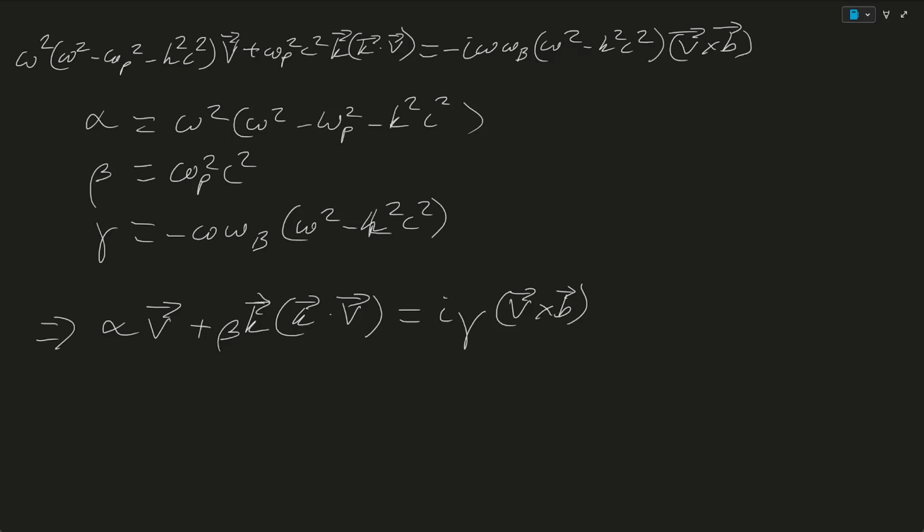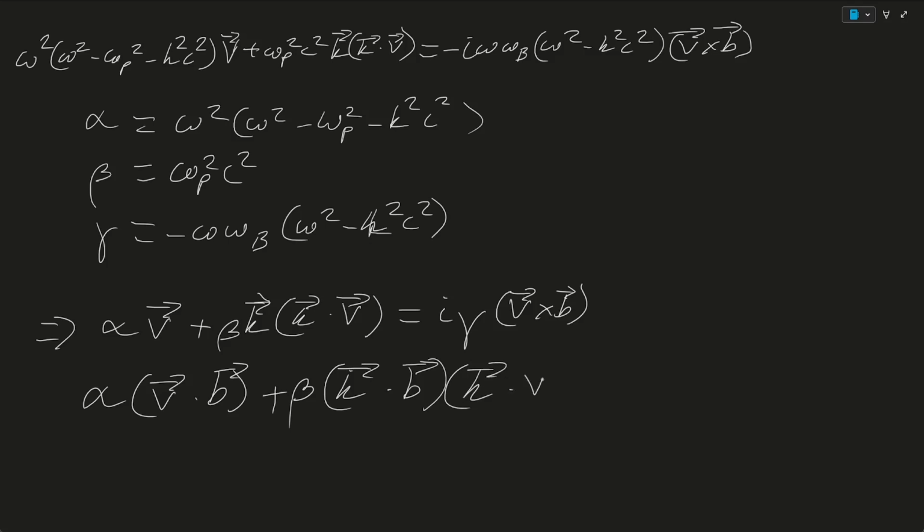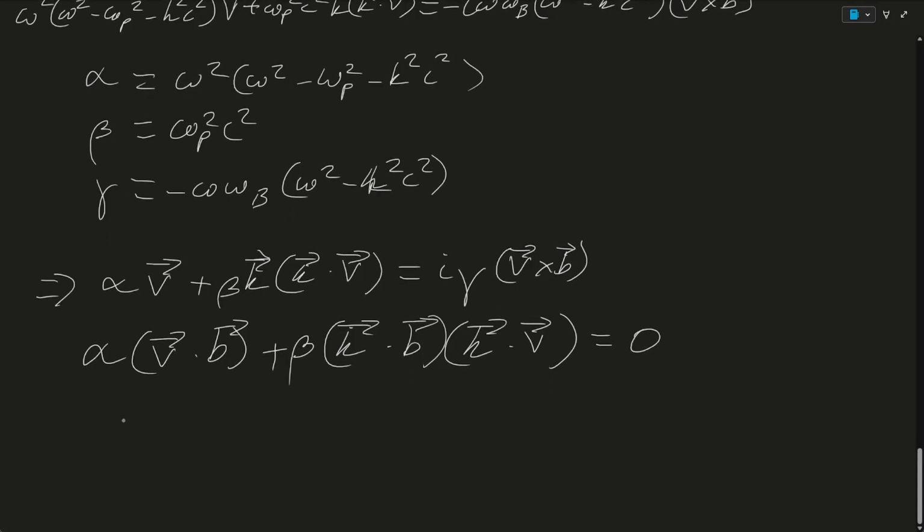So let's dot everything with B. So alpha V dot B plus beta K dot V, K dot B is 0 because that dot B is 0. And now we'll cross with B. So that's 1.